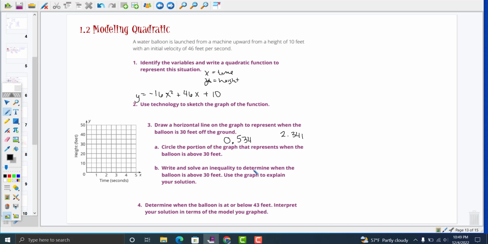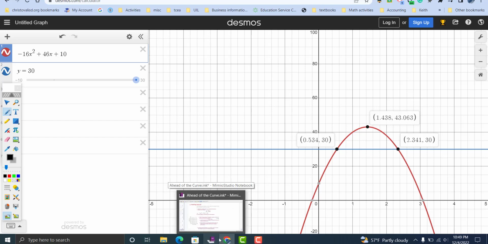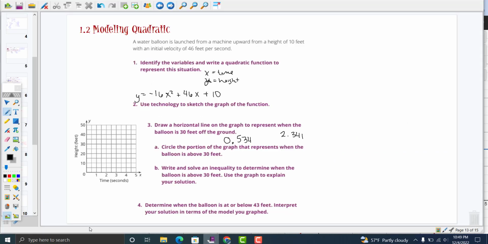And so we want to circle the portion of the graph that is below that. And so when we graphed it, we end up finding out that our height was at 43. It's our highest point. And so I'm just going to go over here and sketch that graph.